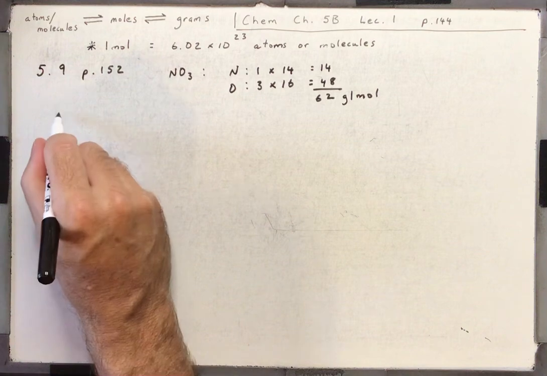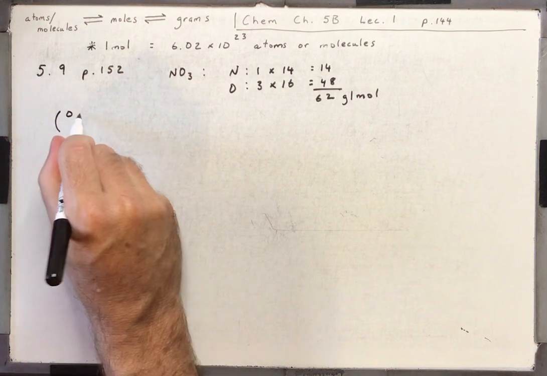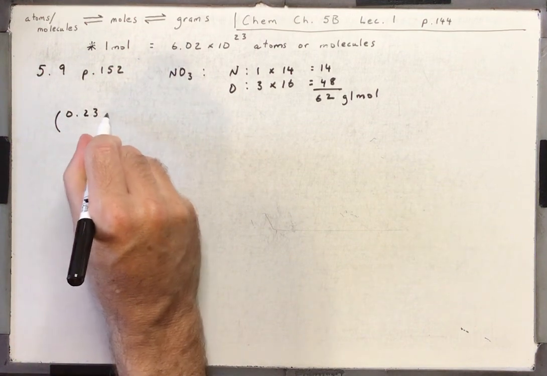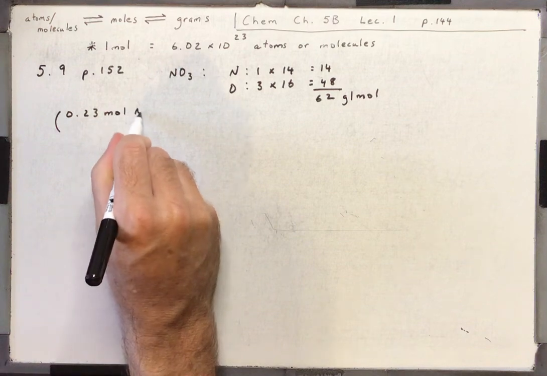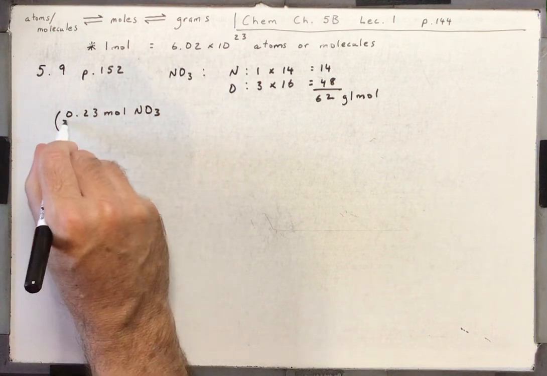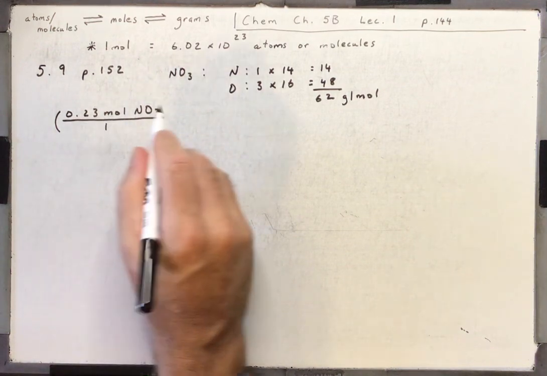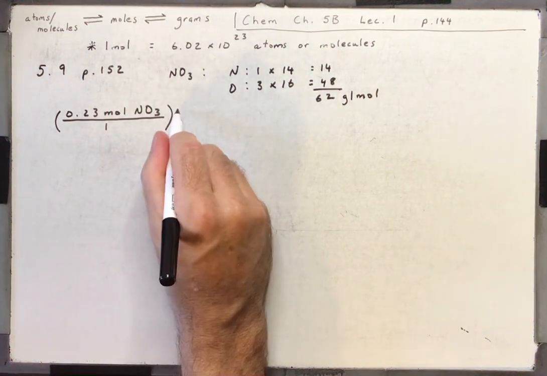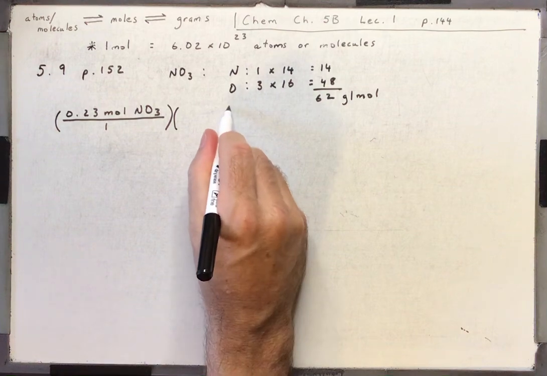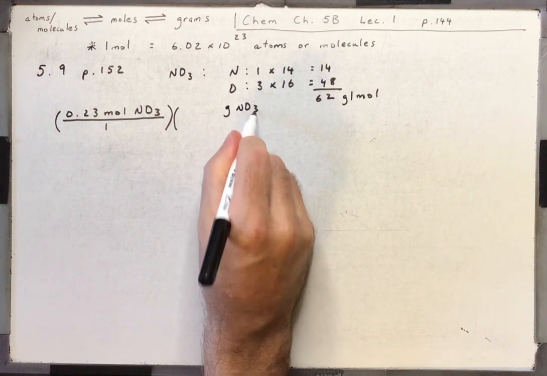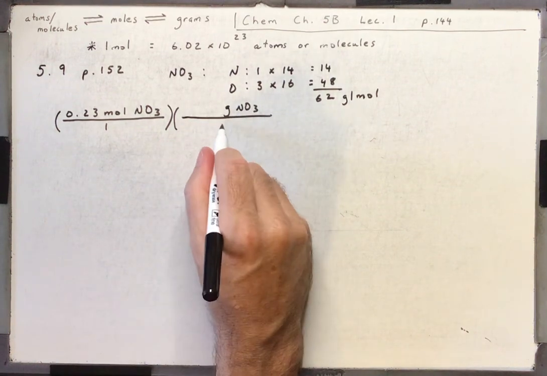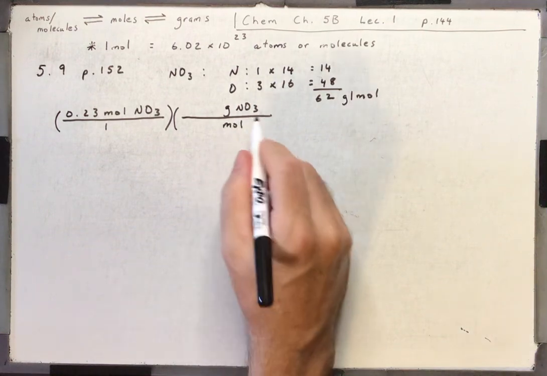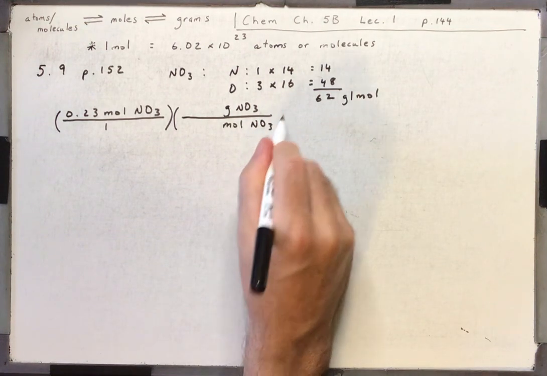Okay, so let's start with what we've been given in the problem, 0.23 moles of NO3. Put that over 1. Going from moles to grams, so put grams on top. That's where we want to end up. We want to cancel out mole, so let's put that on bottom.